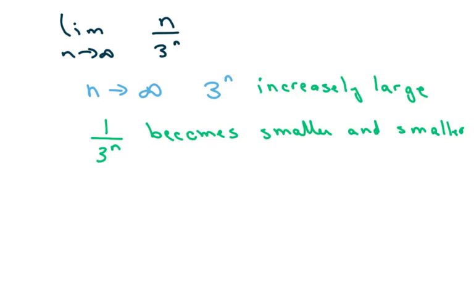Just think about it: you put big numbers in here, the denominator is just going to get bigger and bigger, so the whole value is going to get smaller and smaller. So the limit as n approaches infinity of n over 3 to the n equals 0. And that's just by looking at it.